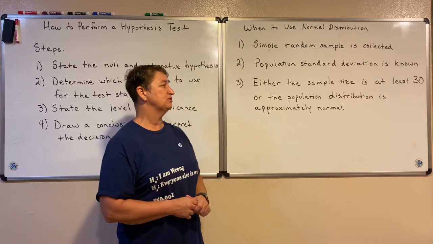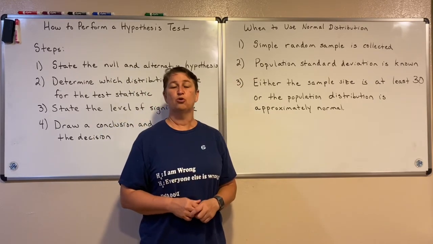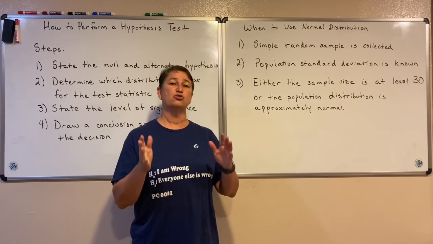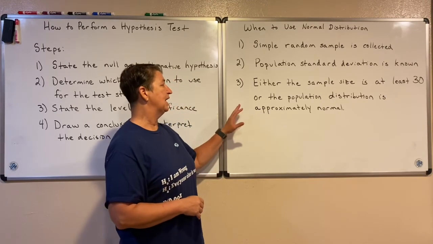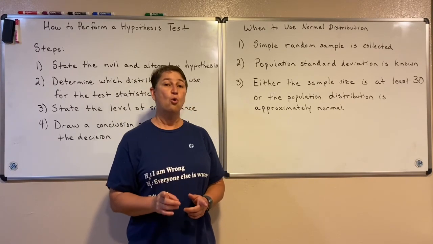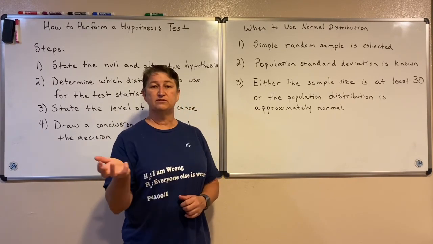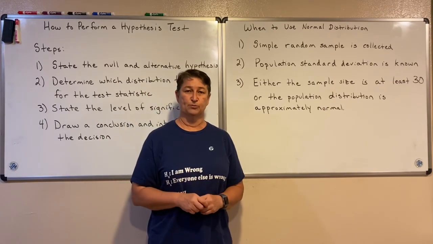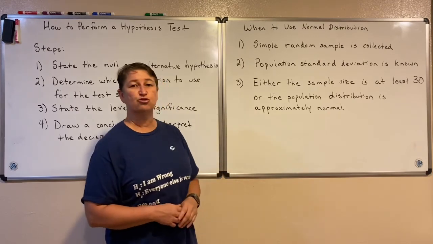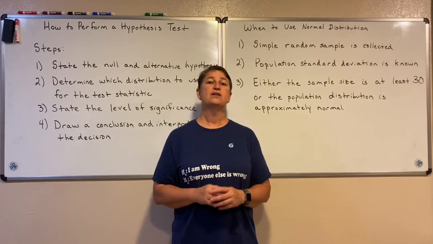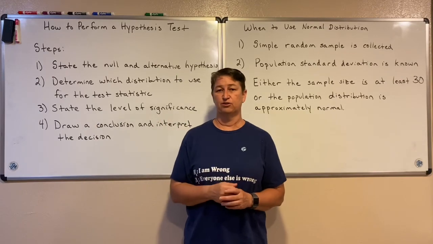Then the population standard deviation must be known in order for our test statistic to fall into a normal distribution. And lastly, our sample size needs to be at least 30, or the sample needs to come from a population that is already normally distributed. If those three things are true, then we can use a normal distribution because our test statistic will be part of that normal distribution.